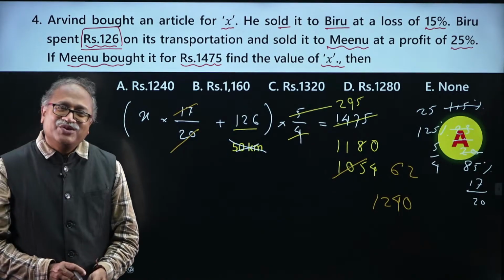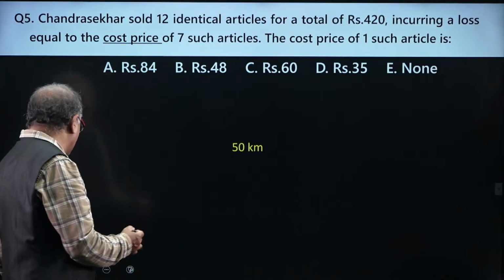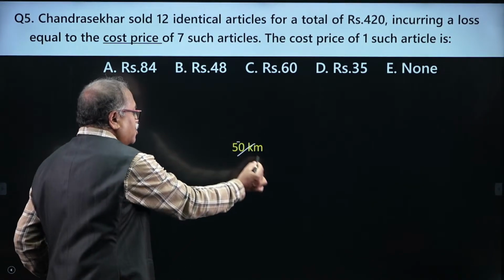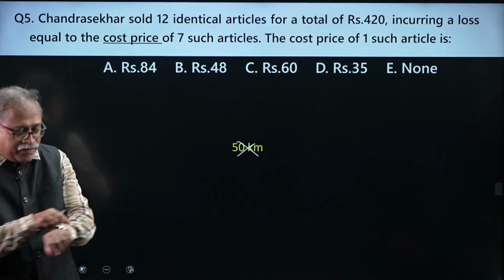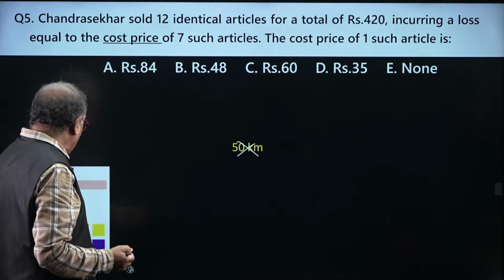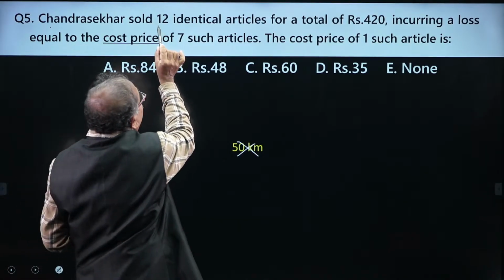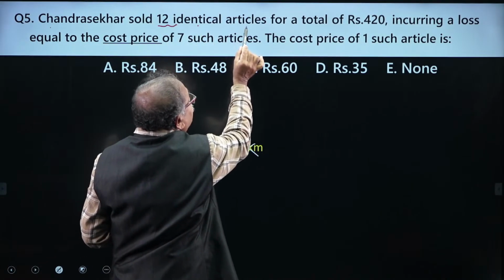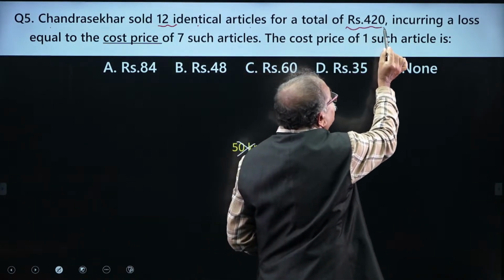Moving on to the next question, and please ignore this. By default on all the slides, the 50 is mentioned here. Now, there is a question. Chandrasekhar sold 12 identical articles for a total of rupees 420.